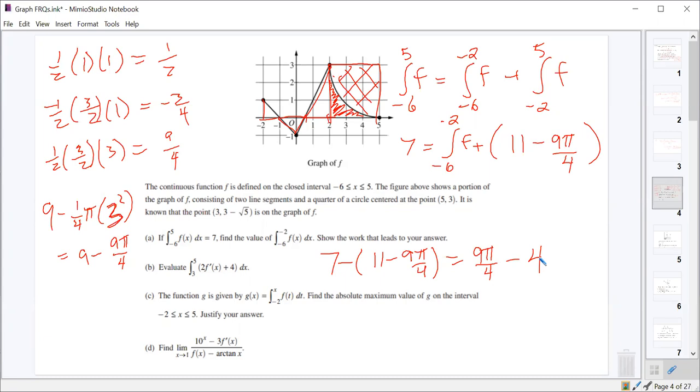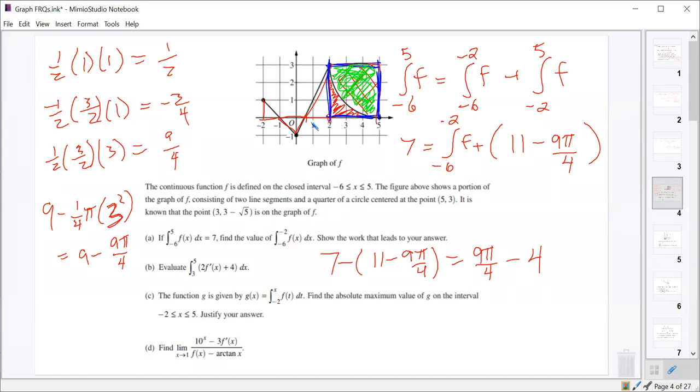We're all good? Can you re-explain how you got minus 1/4 pi 3 squared? Sure. I took this square, which is 9, and I subtracted this quarter circle from it, the area of just a quarter circle, to give me just the piece between.